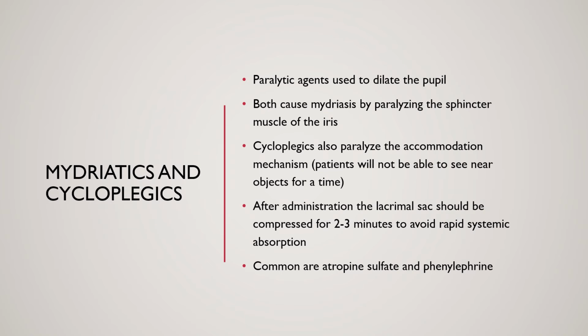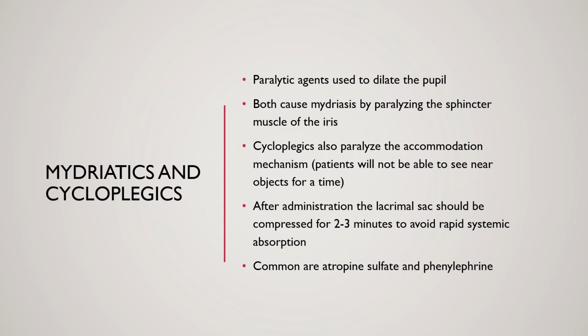Okay, mydriatics and cycloplegics. These are paralytic agents that are used to dilate the pupil. Both cause mydriasis by paralyzing the sphincter muscle of the iris. Cycloplegics also paralyze the accommodation mechanism, so patients won't be able to see objects very clearly that are near to them for a time.